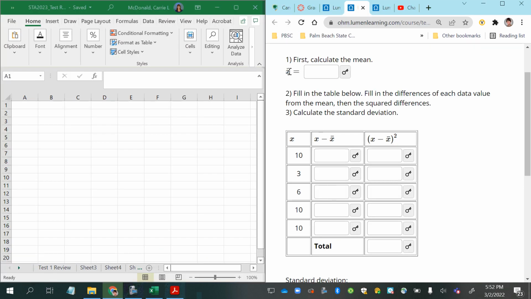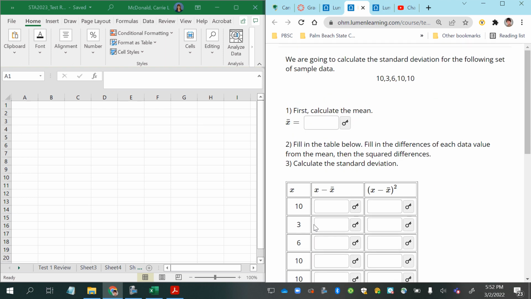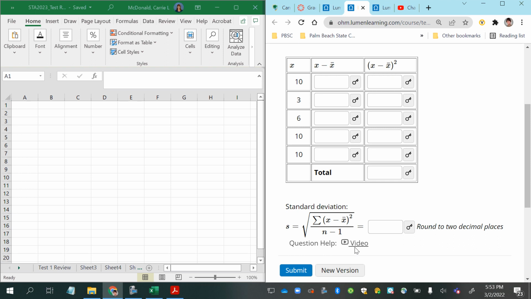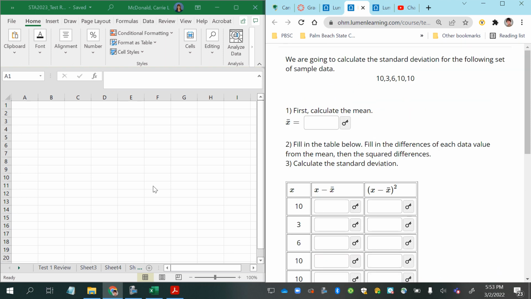Now this question is a great one that I'm sure some students had trouble with. There is a video attached, but I thought I would go through it again because I had a couple of students ask about it. And what we want to start with is just taking this data and typing it into the spreadsheet.